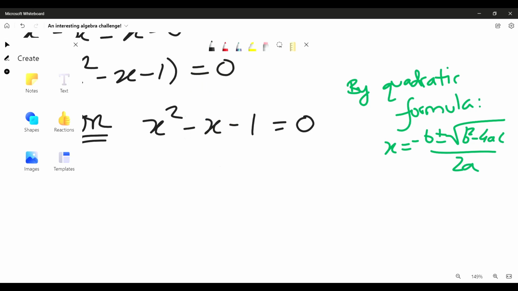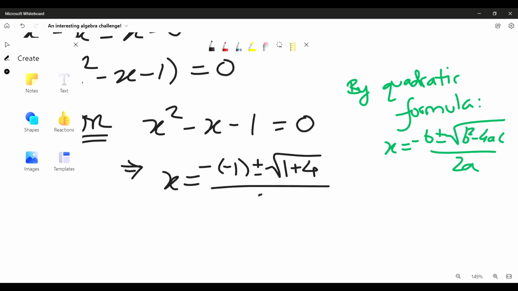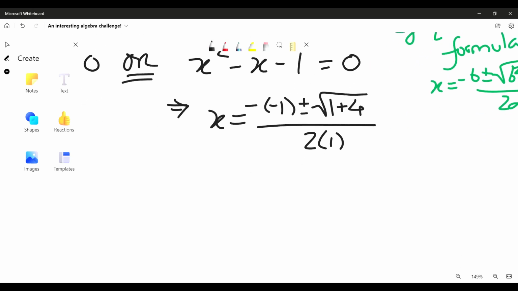Therefore x is equal to minus times minus 1, plus or minus root of 1 plus 4, as we already saw, over 2 times 1. This implies x is equal to 1 plus or minus root 5 over 2.